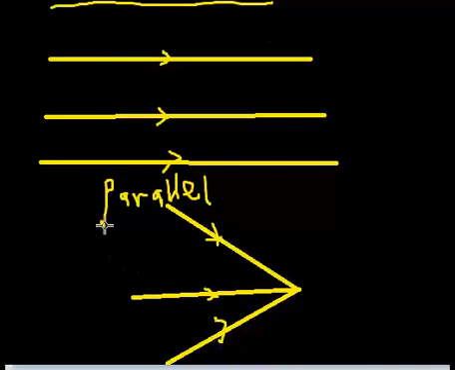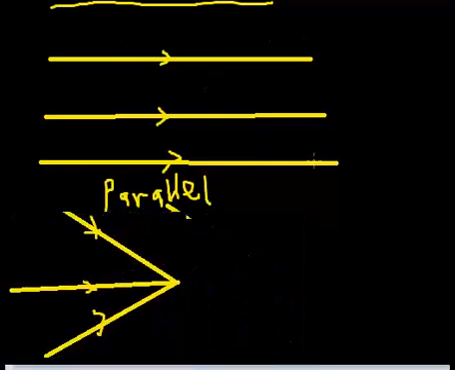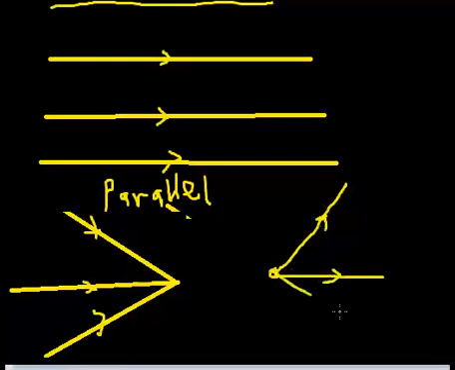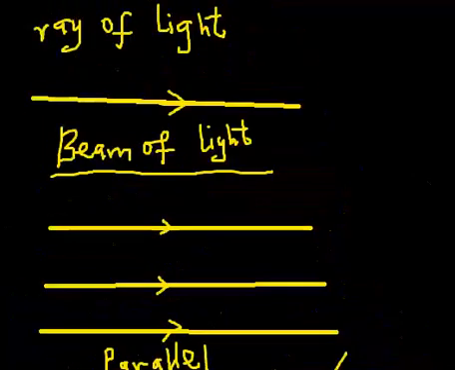Or you have divergent, which simply means that from a point the rays move away from each other. So this is convergent, and this is divergent. This is how we represent a beam of light: parallel beam, convergent beam, and divergent beam. Please take note of that as we proceed.